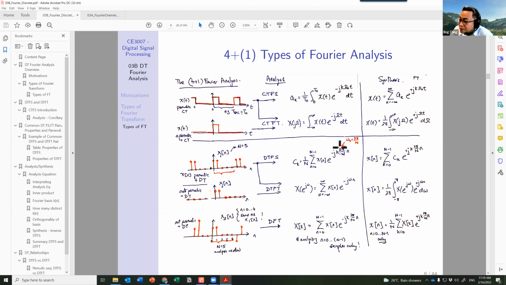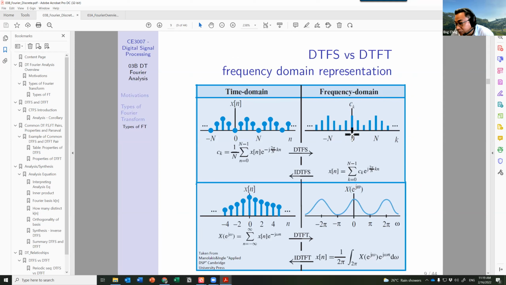When K equals 1, it is 2 pi over N, the fundamental frequency. K equals 2 is 2 times the fundamental frequency. So where is it? This is K equals 0, K equals 1, K equals 2, K equals 3. What we did was we basically break 0 to 2 pi into big N parts so that you can only see things at these discrete frequencies.